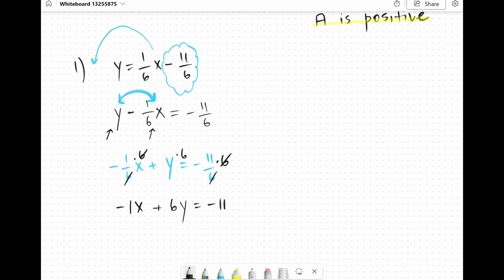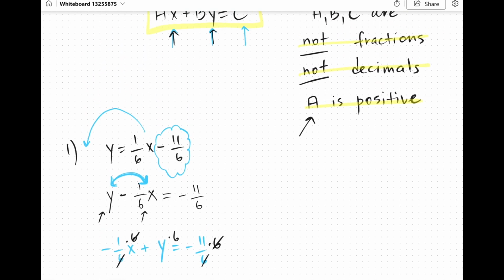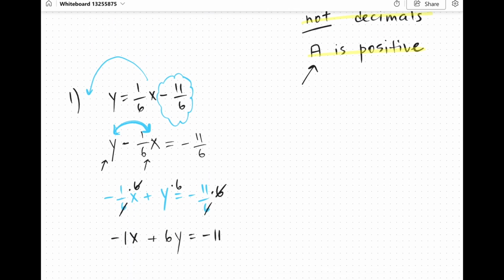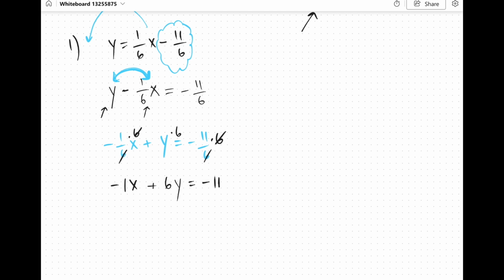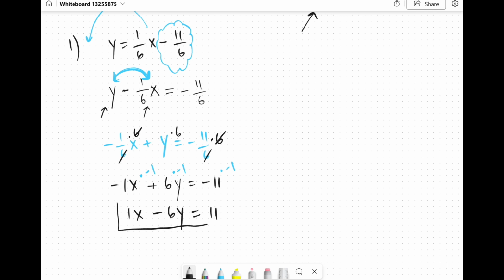And last condition is for that a to be positive, and it's currently negative. As a reminder, a is the number next to the x. Our a is a -1. To make that -1 into a +1, I'm going to go ahead and multiply every term by a -1. So that results in positive 1x, negative 6y, and positive 11, and that's your standard form.